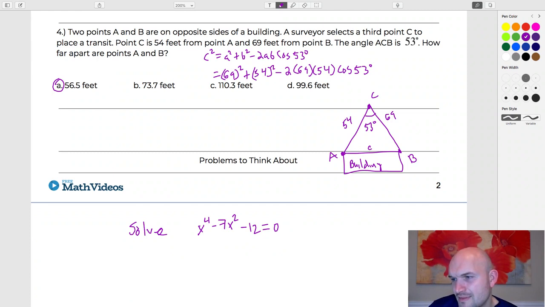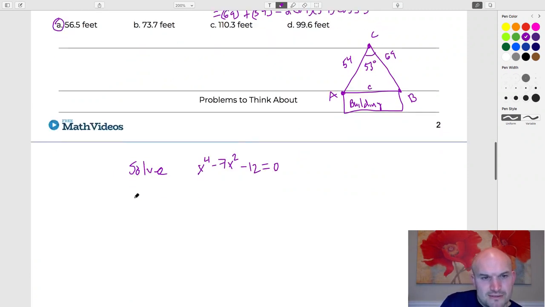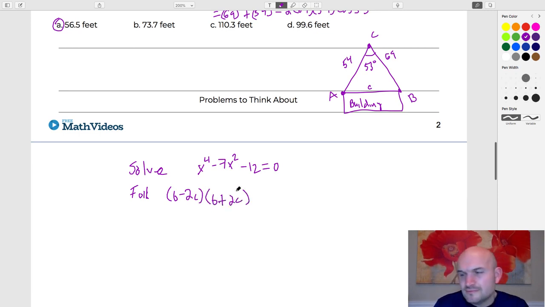And then I think there was one more, which was like FOIL, so let's go ahead and do that. This one came before my live stream. That's going to be b minus 2c times b plus 2c. All right, let's see if there's anything else.